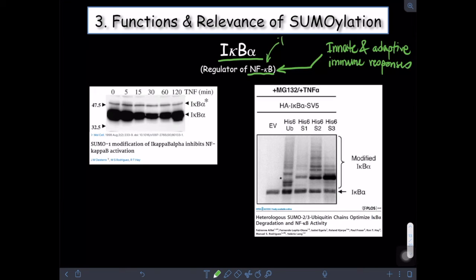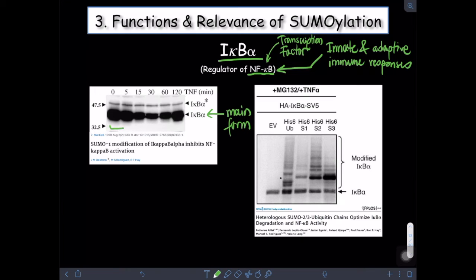In the initial studies that led to the characterization of IκBα as a SUMO target, it was established that the main form of IκBα was very susceptible to being degraded by activation of the tumor necrosis factor receptor.